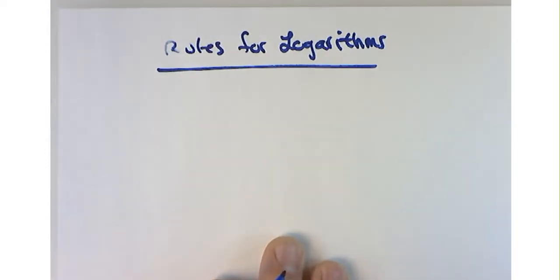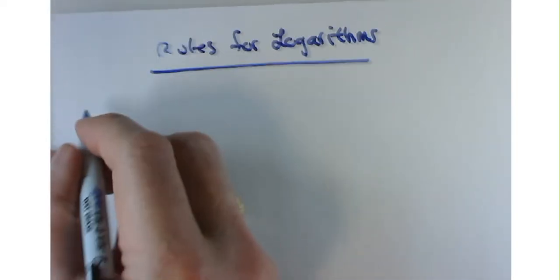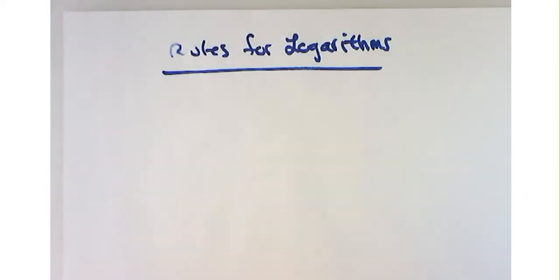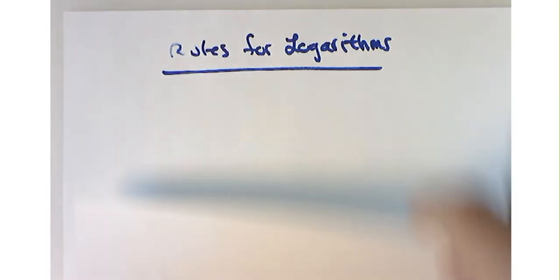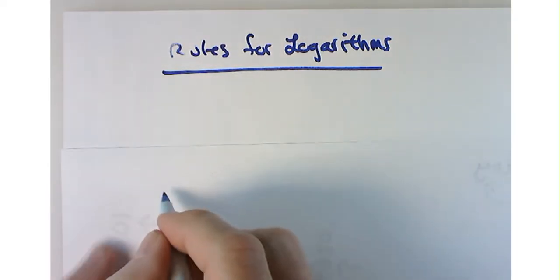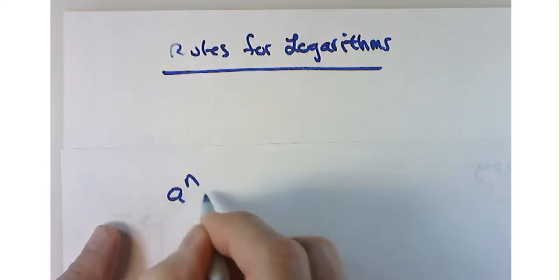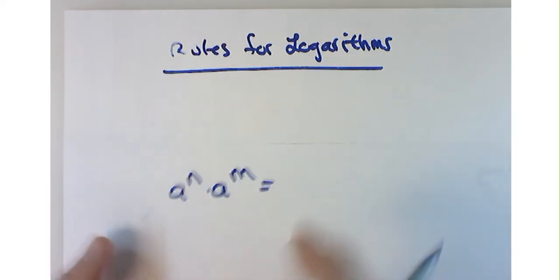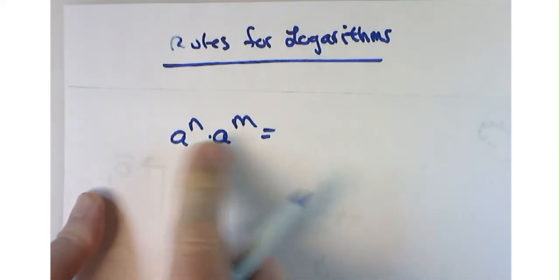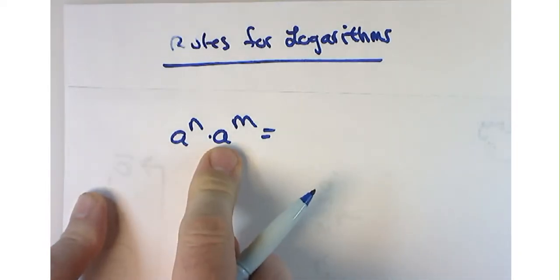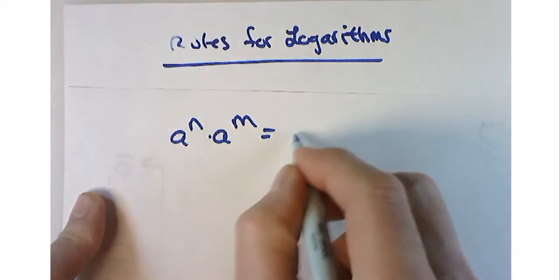So the first three I'm actually going to give names to, and they actually come from your rules for exponents. Remember, properties of exponents or logarithms are the inverse of exponents. So for instance, a to the n times a to the m. When you multiply things with the same base, what happens with their exponents?